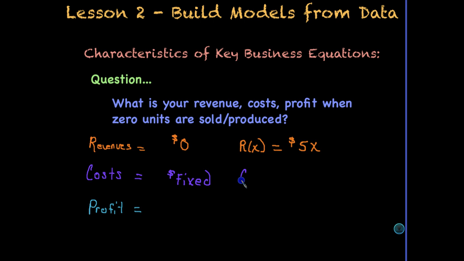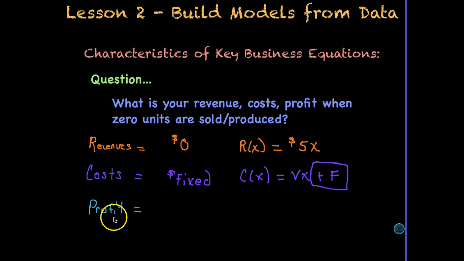So if we think about our cost equation, we would have 0 variable costs, but let's just go ahead and call that V of X, plus our fixed costs. So if we do not produce a single unit, we will still incur these fixed costs.